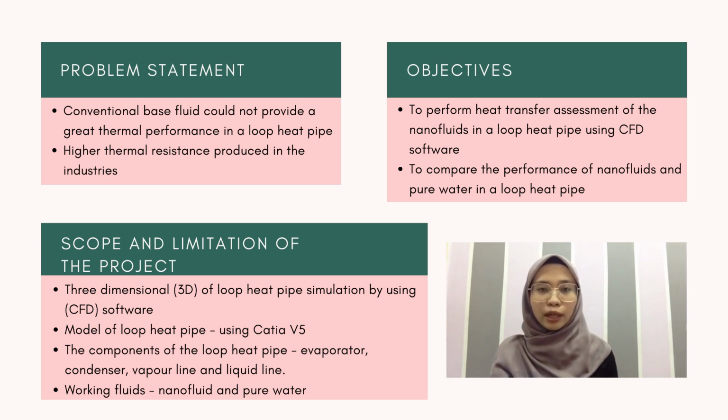The nanofluid and pure water will be used as the working fluids. The model of the loop heat pipe will be designed using CATIA. The components of the loop heat pipe should consist of the evaporator, condenser, vapor line and liquid line. The thermal performance of the nanofluid will be analyzed and compared with pure water.